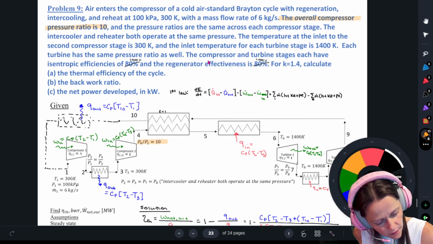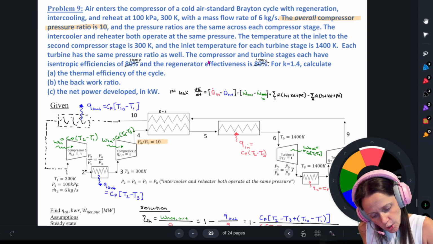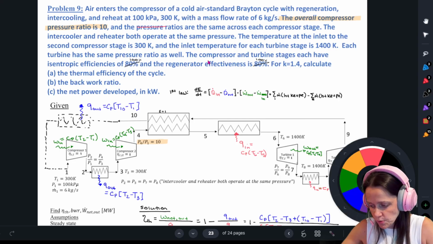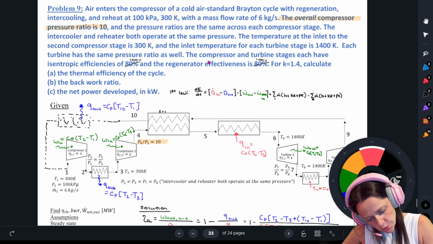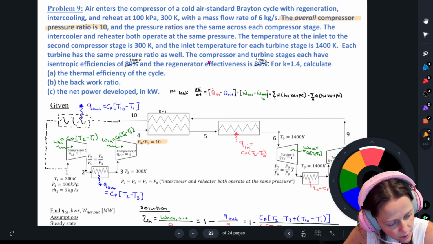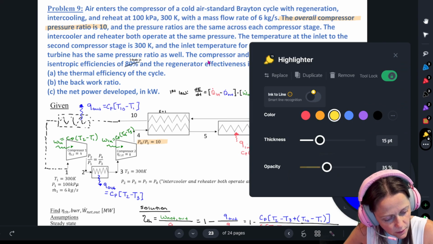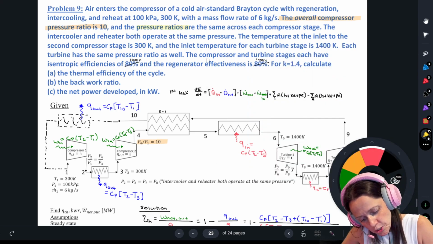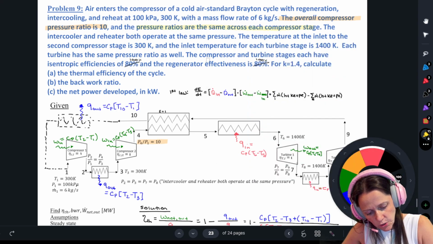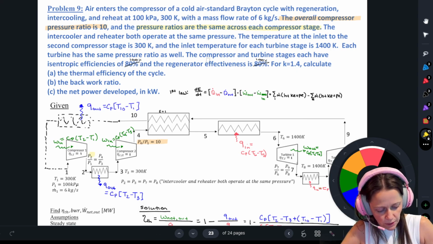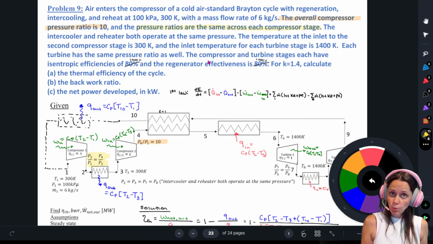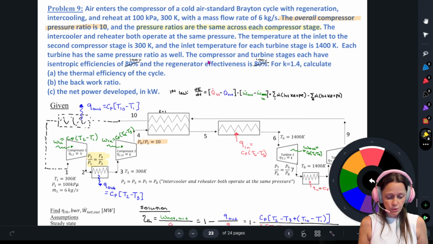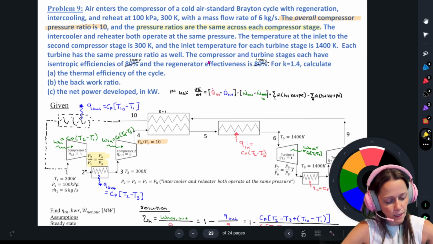The pressure ratios are the same across each compressor stage. So that's this little piece of information: P2 over P1 and P4 over P3 are exactly the same.